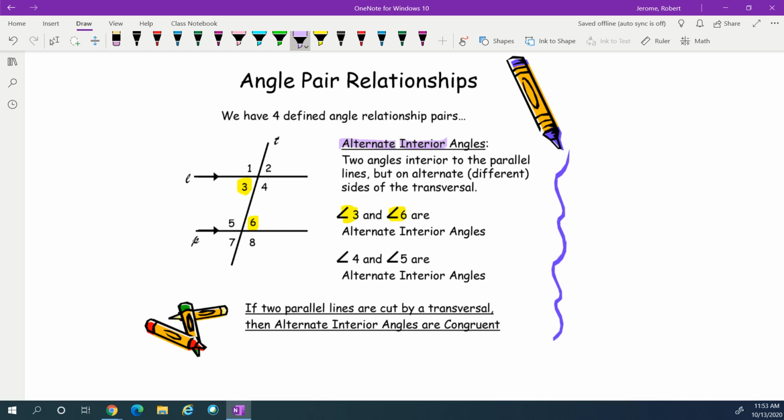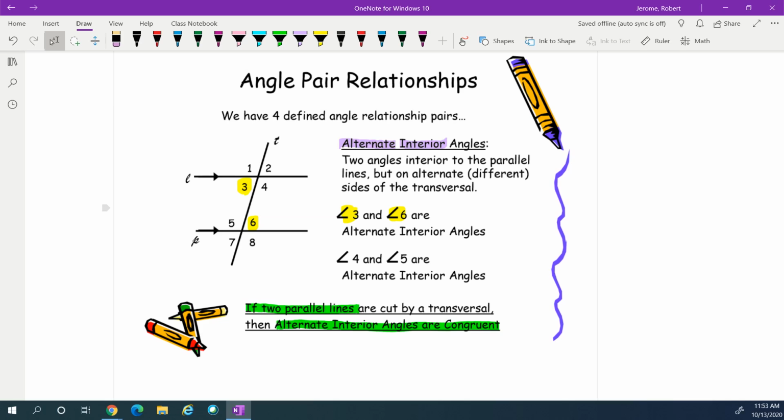Now, looking at the bottom here, what's underlined? If we have parallel lines, then those alternate interior angles are congruent. So the name alternate interior comes from where they are in the picture. The relationship congruent is based on having parallel lines. If the lines are parallel, the angles are congruent.